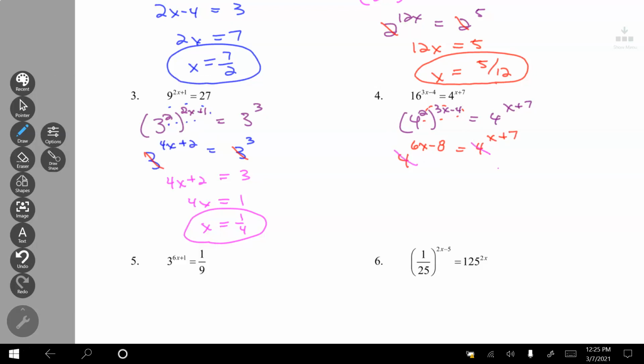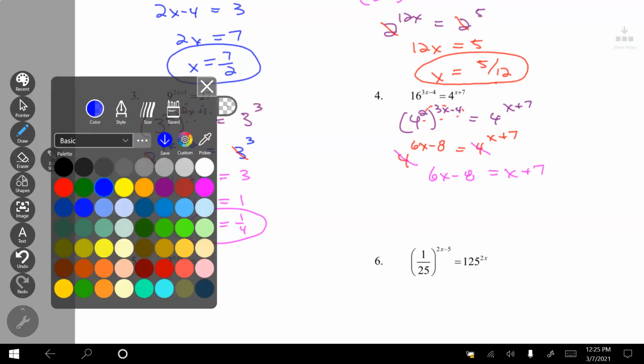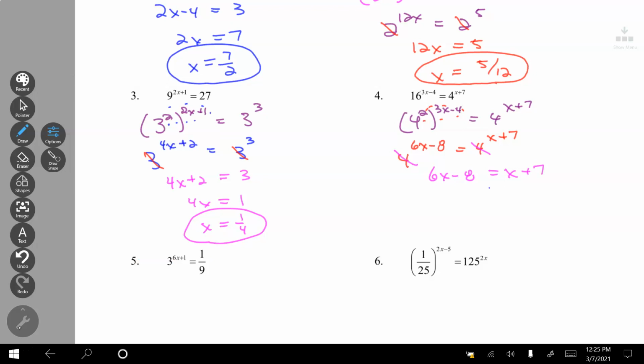My bases cancel out because they're the same. 6x minus 8 is equal to x plus 7. I could bring the 8 over to the other side to make it equal to 15, and bring the x over to make it 5x. x is equal to 3.